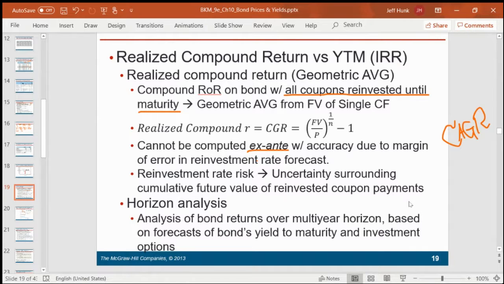In other words, the bond that was issued, let's say in 2015 with 10-year maturity, and then if you bought it at the time, right?